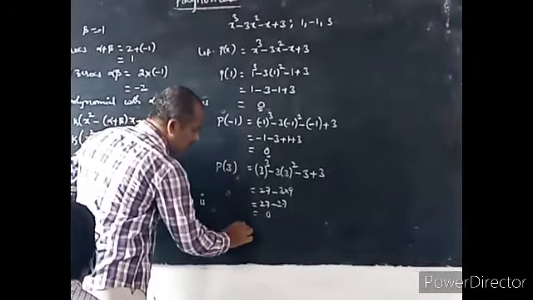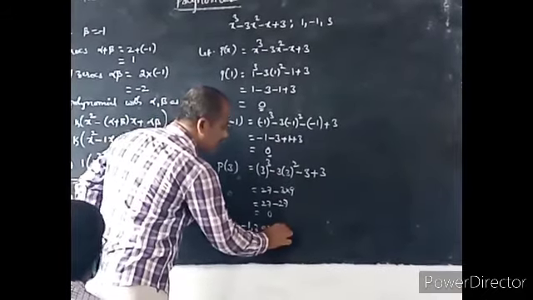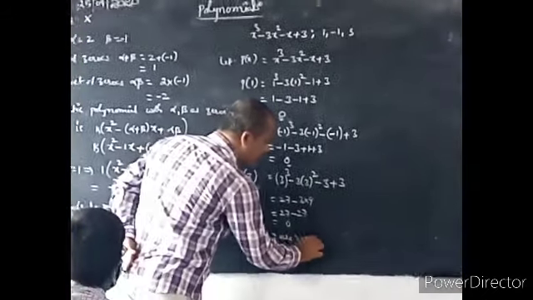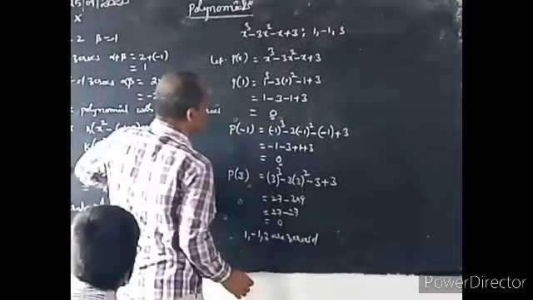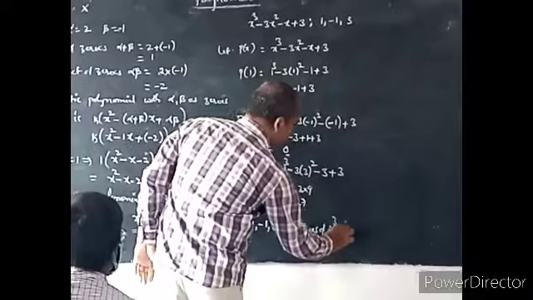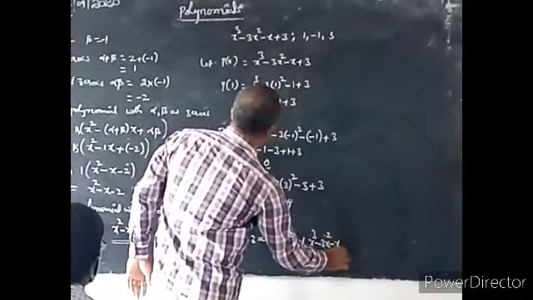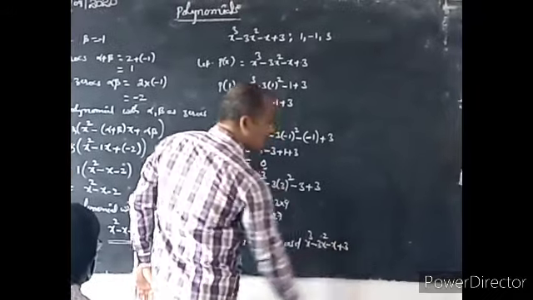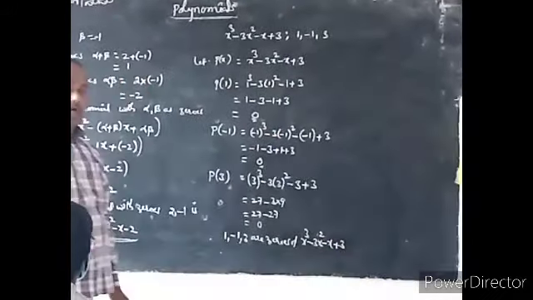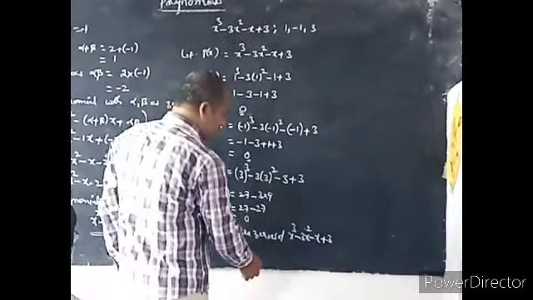1, minus 1, 3 are zeros of x cube minus 3x square minus x plus 3. Okay, now according to the standard form of the cubic polynomial, here a is what?